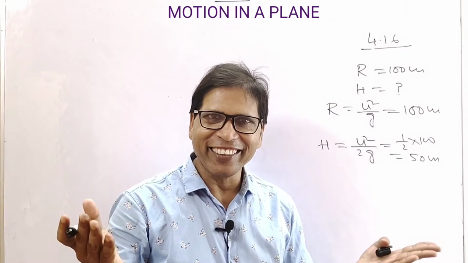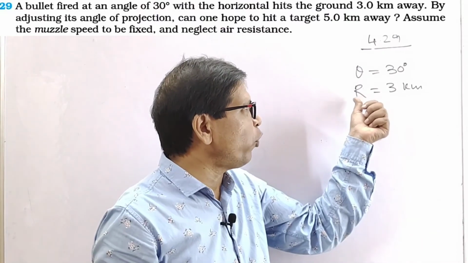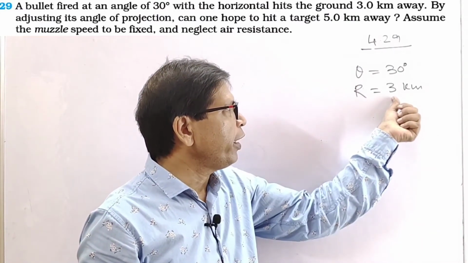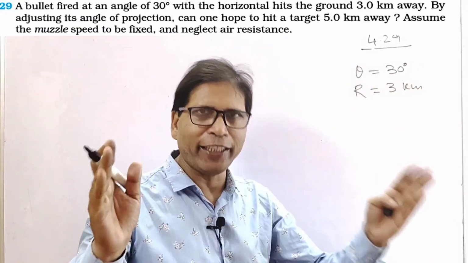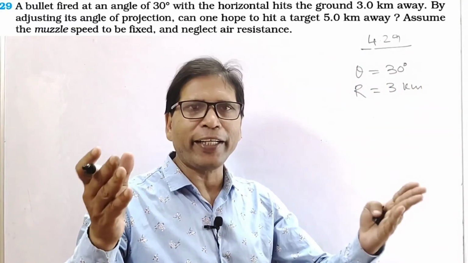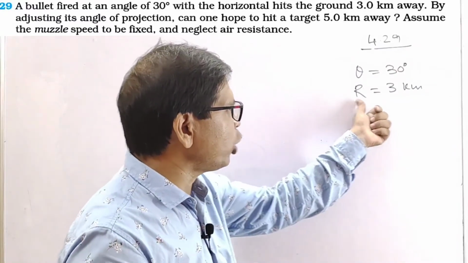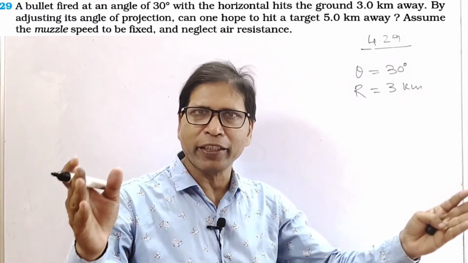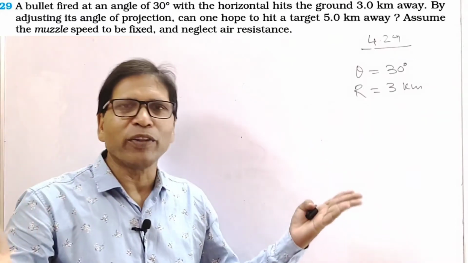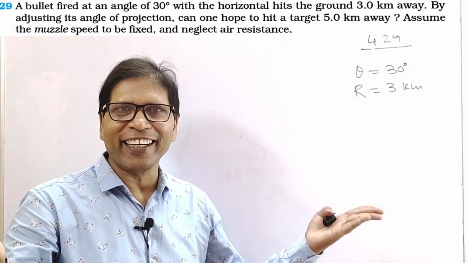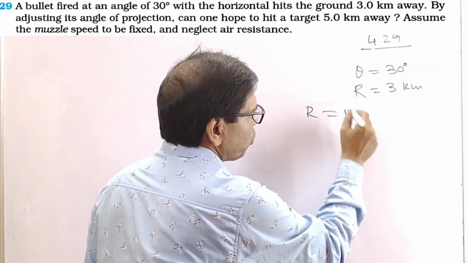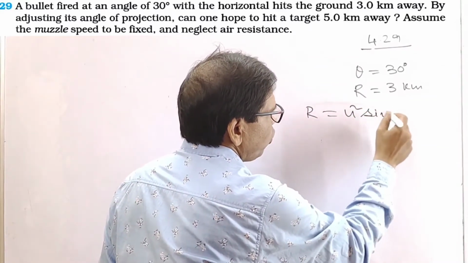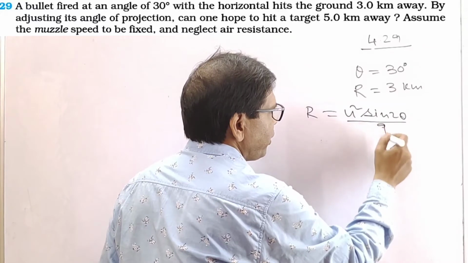Okay. Understood? Next, look at this: the horizontal range of a bullet is 3 km when the angle of projection is 30 degree. Can the bullet hit a target at a distance of 5 km from it? Now we know the horizontal range capital R equals u square sine 2 theta divided by g.